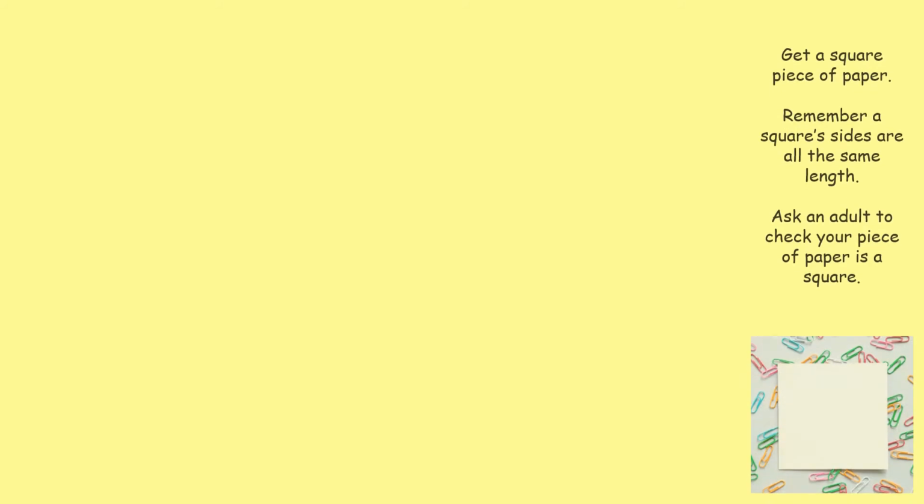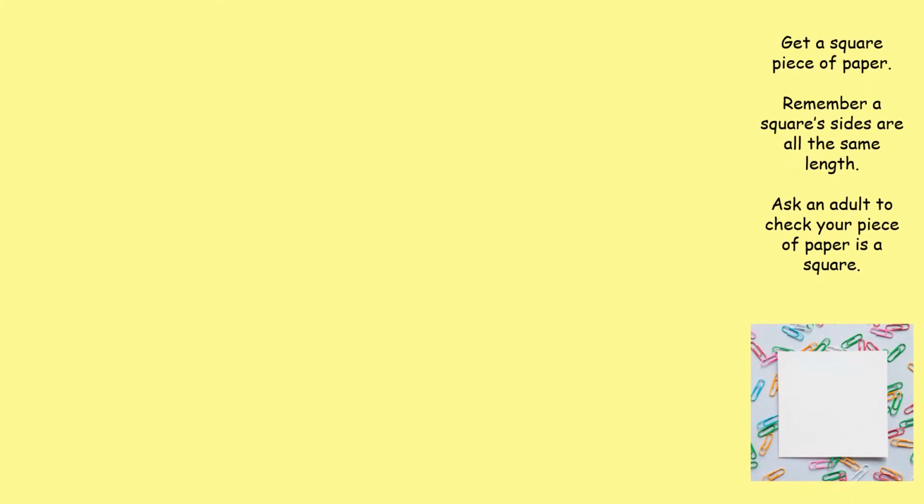Okay guys, I'm going to give you a challenge now. I would like you to get a square piece of paper again. And remember that a square's sides are all the same length. They're equal. So you could ask an adult to check your piece of paper is a square, or they may be able to help you make a piece of paper that is shaped like a square.